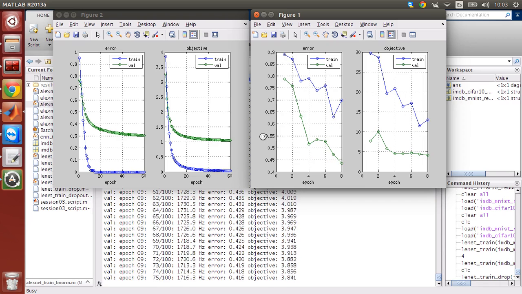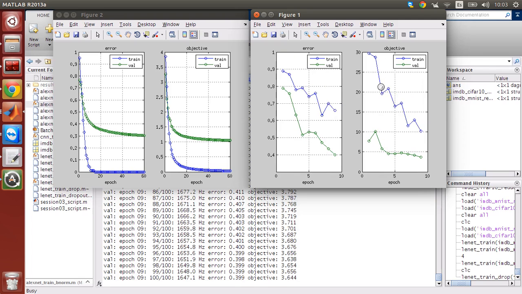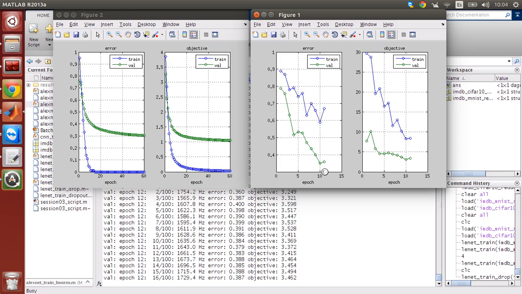Also, you can appreciate that the trend of validation has inverted. Now validation is under the training curve, sort of telling us that we are suffering from underfitting, consciously using the dropout.